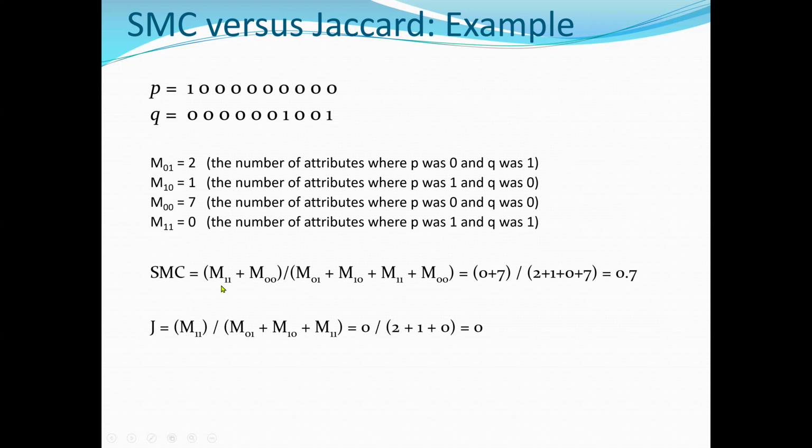So to find the simple matching, it will be M11 plus M00 divided by all the attributes. M11 is 0, M00 is 7, divided by 2 plus 1 plus 0 plus 7. So the answer will be 0.7. Now to find the Jaccard coefficient, it will be M11 divided by M01 plus M10 plus M11. That gives us 0 divided by 2 plus 1 plus 0, so the answer will be 0.